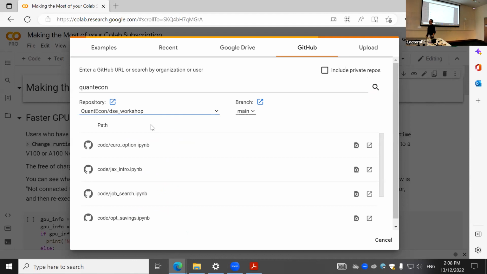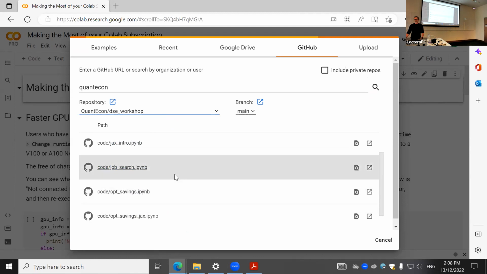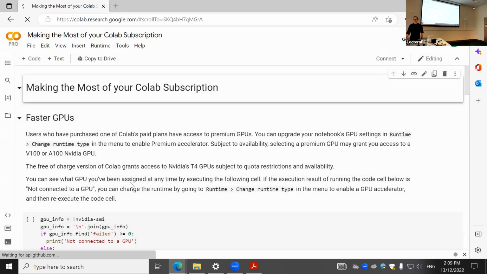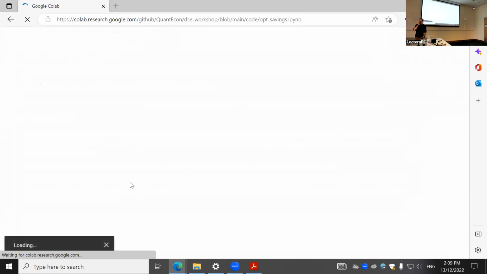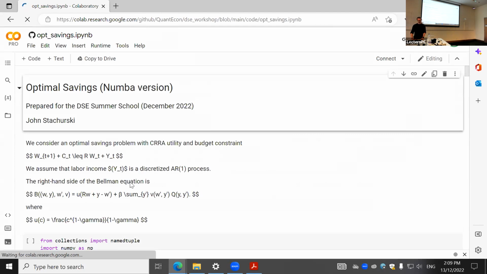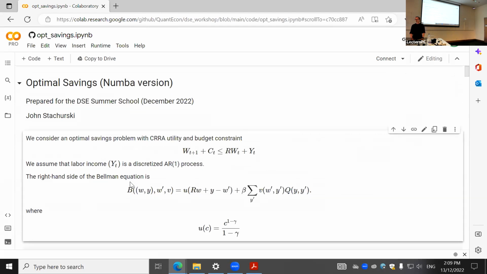So I'm going to pick out a couple of these notebooks. The first one, I've got job search, so we could go over that, but it's not super exciting. So let's do something a little bit more interesting. I'm going to pick out optimal savings. This is a really basic infinite horizon optimal savings problem.